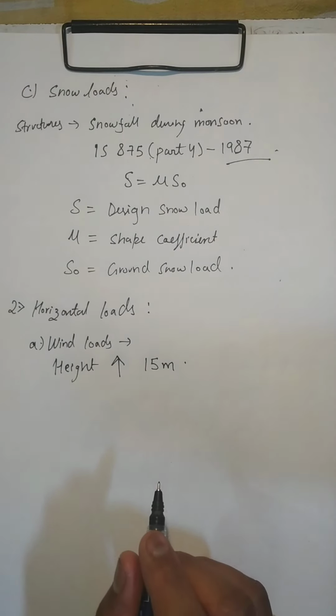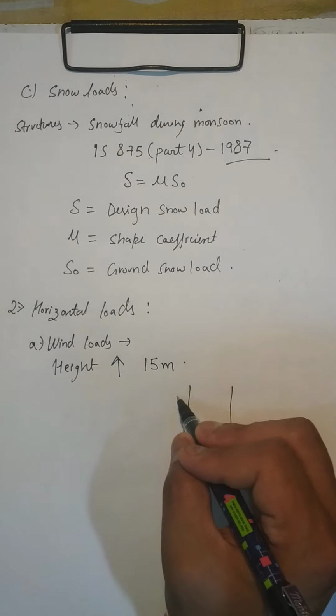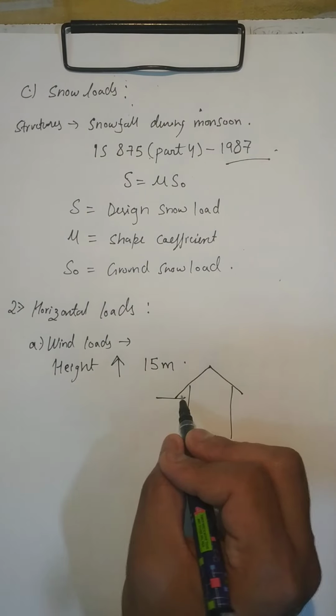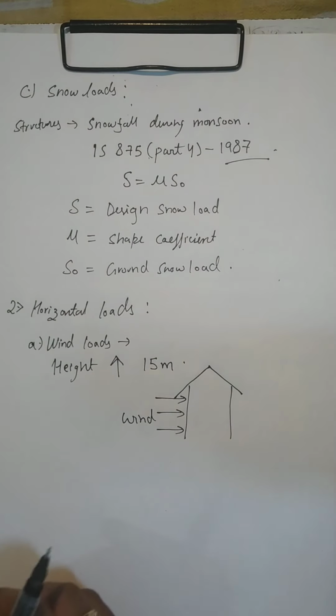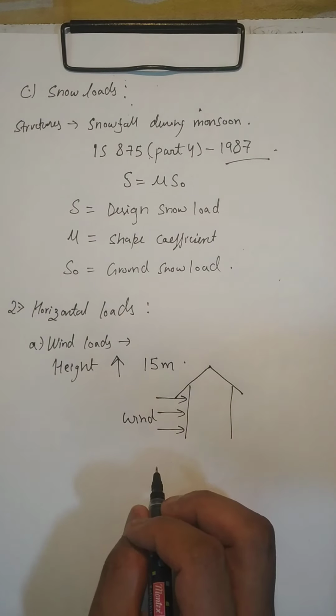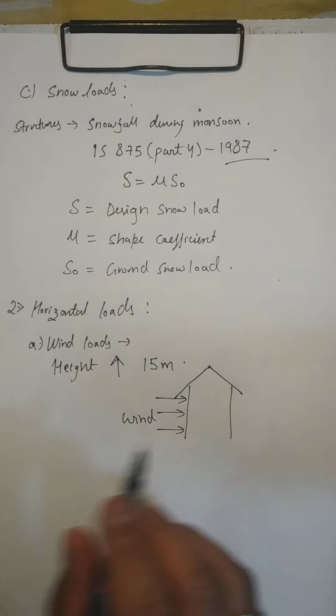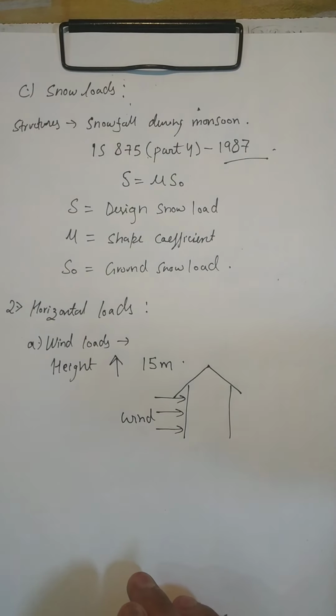The wind loads occur due to horizontal loads caused by the wind. So let us say if this is a house, wind loads will be acting horizontally. The structure should be strong enough to bear these loads. If the structure is not strong, then the building may blow away.